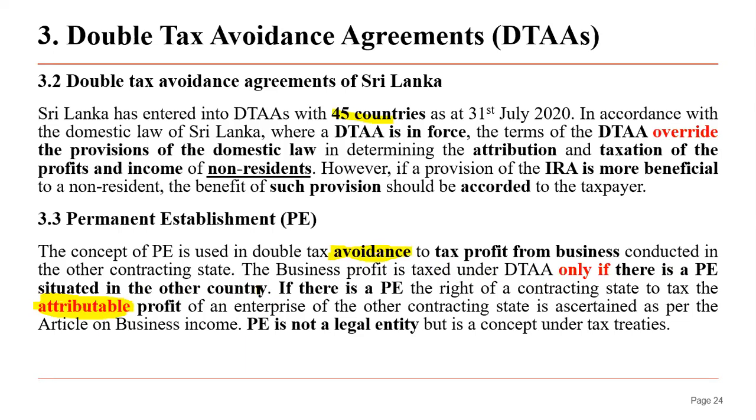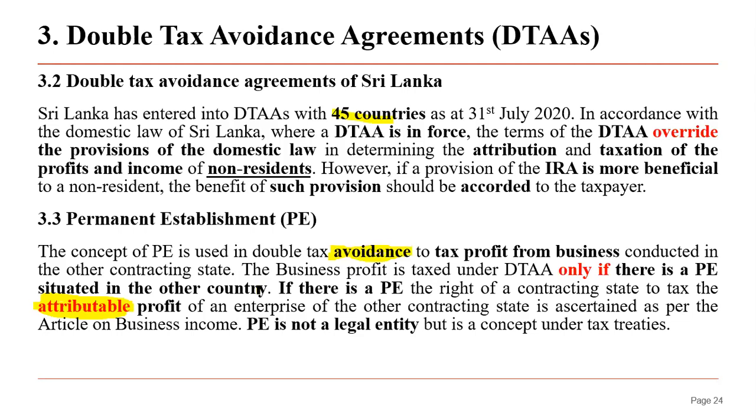Then there are some separate articles when we are discussing the DTA. There may be royalty, there may be interest. Those things we deal with under separate articles. We call it passive income, so those things do not go under the PE concept.